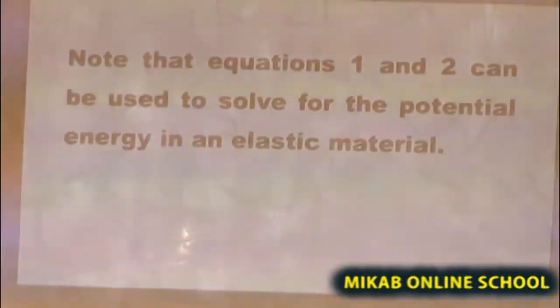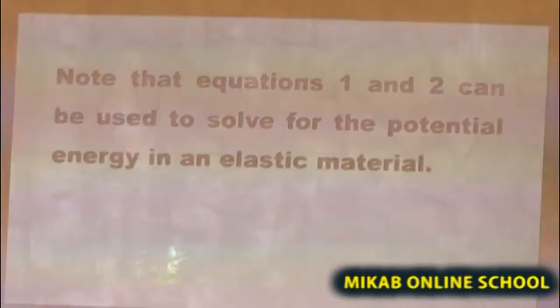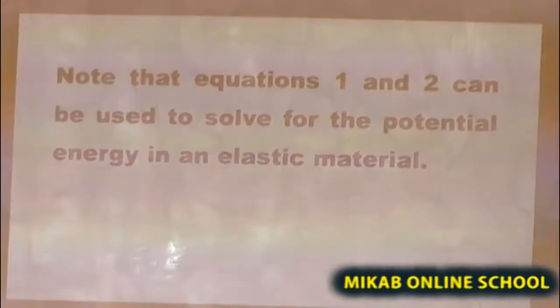Then note that equations 1 and 2 can be used to solve for the potential energy in an elastic material. In an elastic material, if you have to look for potential energy, it's different from when a body is moving from one point to another, or when a body is standing and you have to look for the potential energy of such a body. It's different from the potential energy in an elastic material.